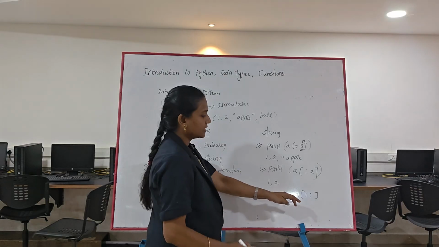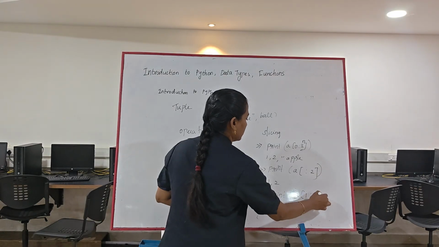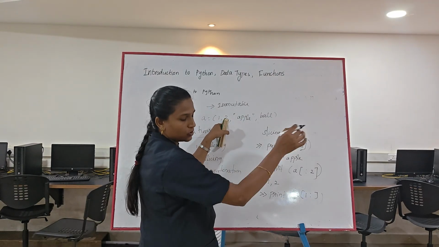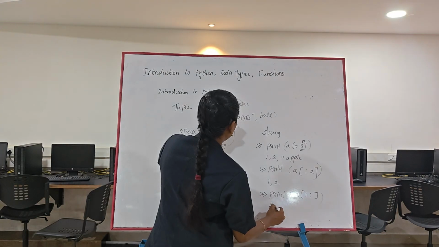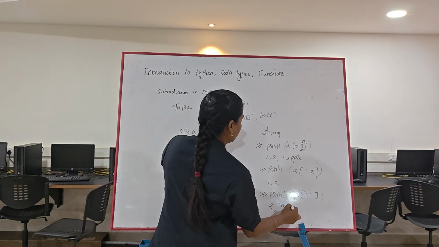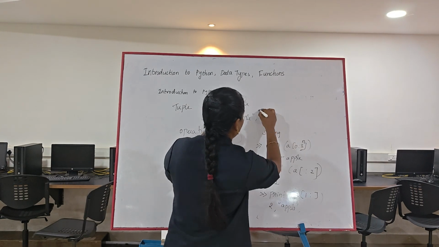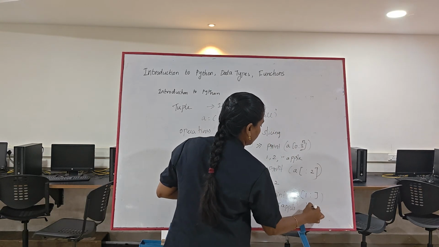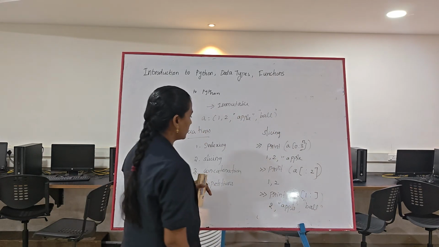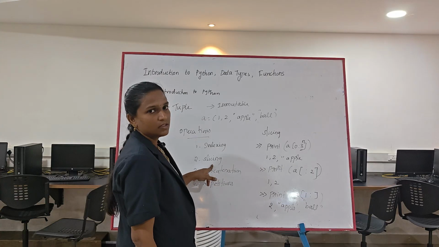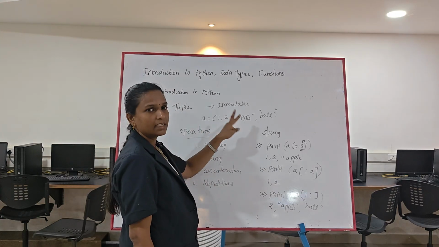If you are not mentioning the second subscript, then it starts with 1 and goes to the last. So 2, apple, ball. So these are the outputs for the slicing. The same we have studied in string and list.